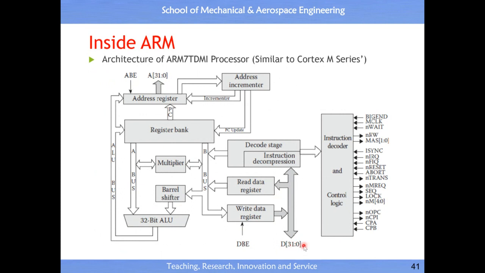You can just imagine this as switch 0 all the way to switch 31. The address is also 32-bit, that means switch 0 to switch 31. So pay attention: we count the bits starting from 0, not from 1. We do not say bit 1 to bit 32. No, it's bit 0 to bit 31. This is something you need to pay attention to.